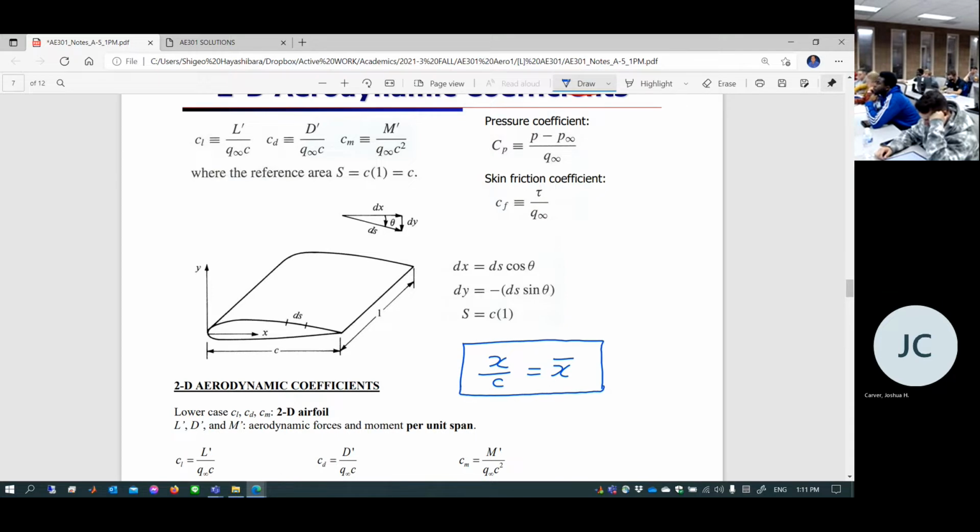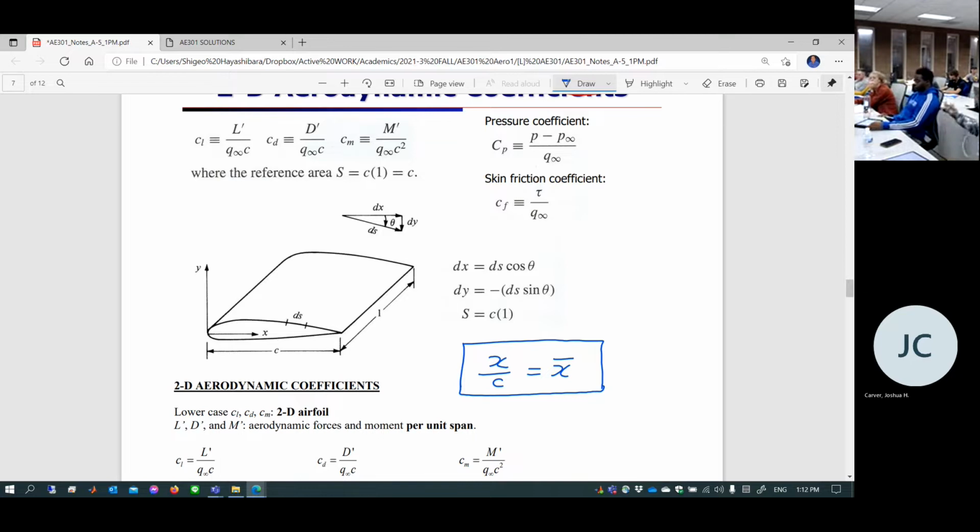By using this, suppose you want to say quarter chord, it is 0.25C, or 25% measured from the leading edge is called quarter chord. 50% measured from the leading edge is half chord. X over C is 1 at the trailing edge, 0 at the leading edge. So every number is between 0 and 1. That is the normalized coordinate. If you want to download airfoil coordinate data, everything is normalized. The number is between 0 and 1, 0 being the leading edge, 1 being the trailing edge.